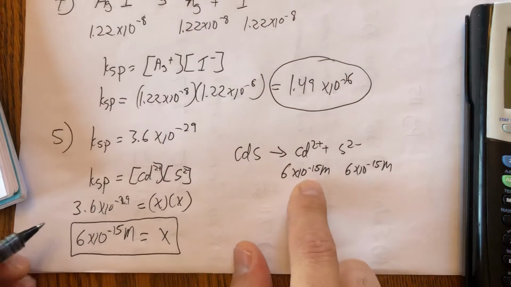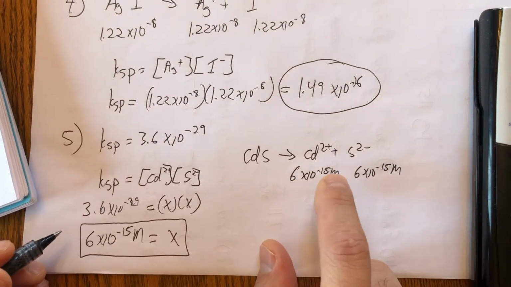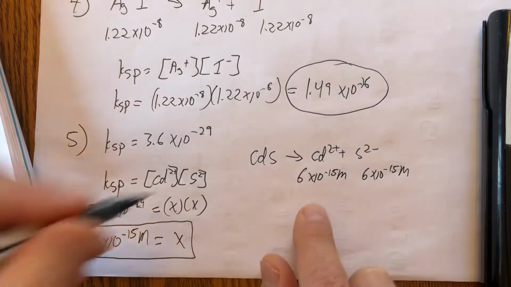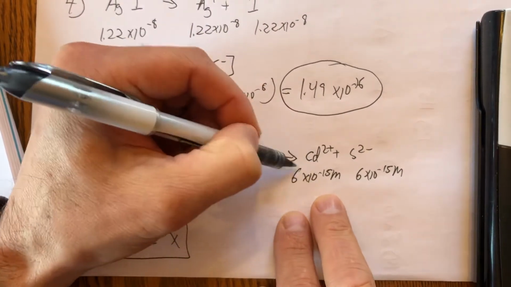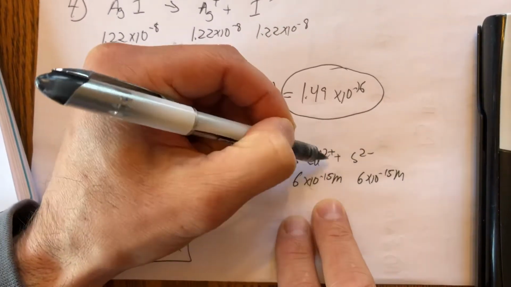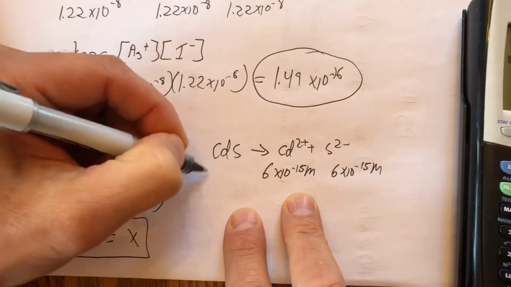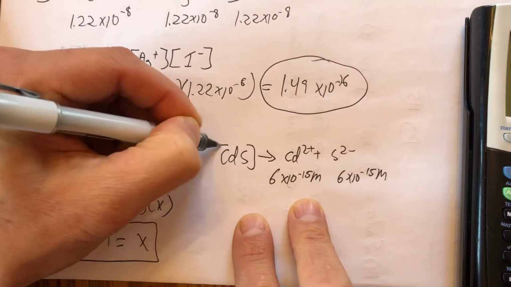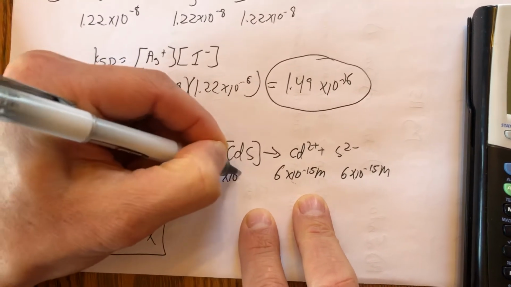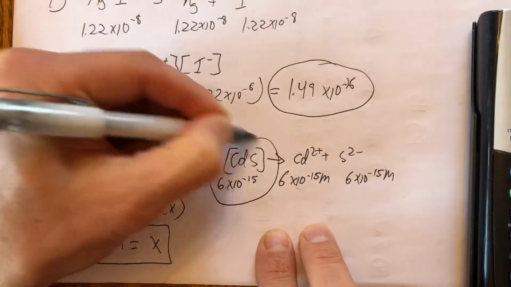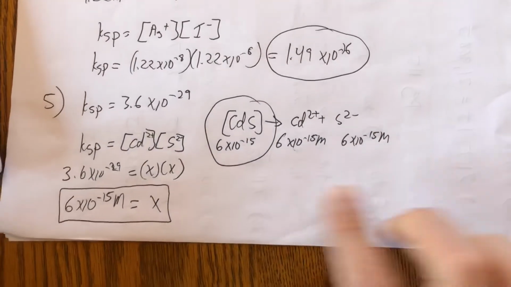That's what it's asking. What is the molar solubility? All right, and so since each of these are a 1-to-1 ratio, then the molar solubility of the compound would also be 6 times 10 to the negative 15. So that's where the answer comes from.